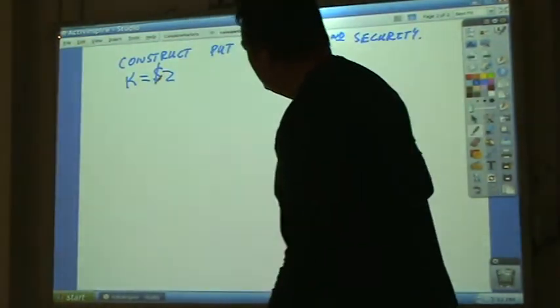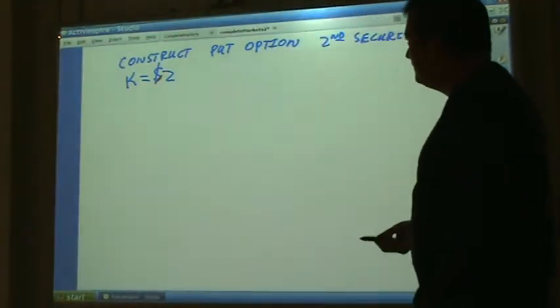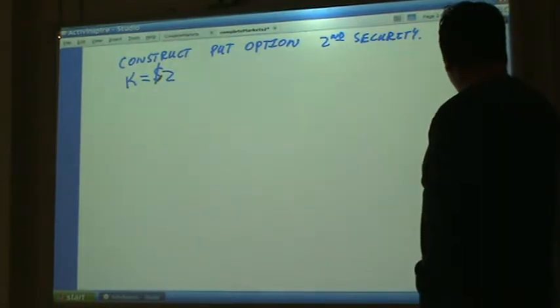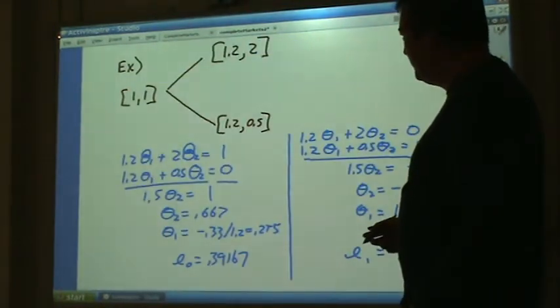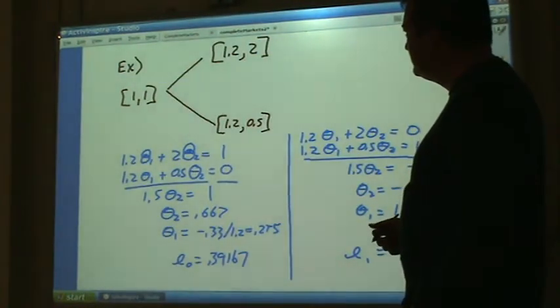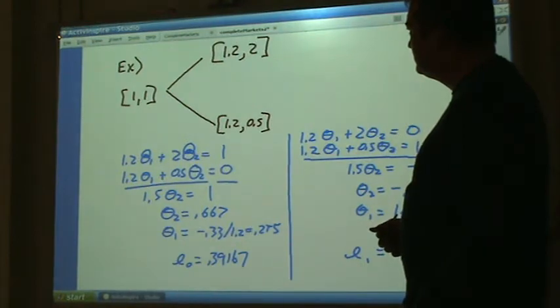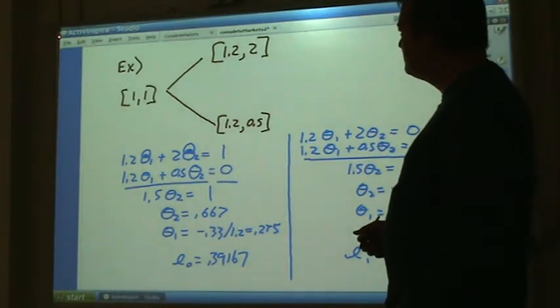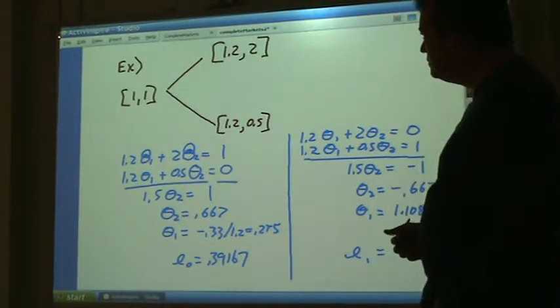Okay, with a K equal to $2, what would we pay today? So a put option with K equal to $2.